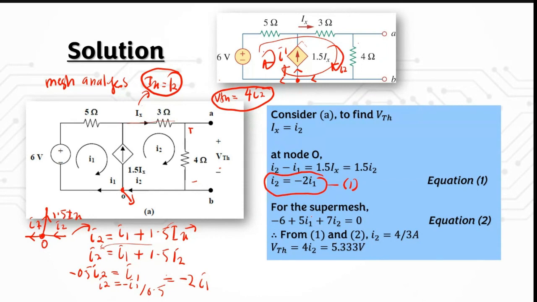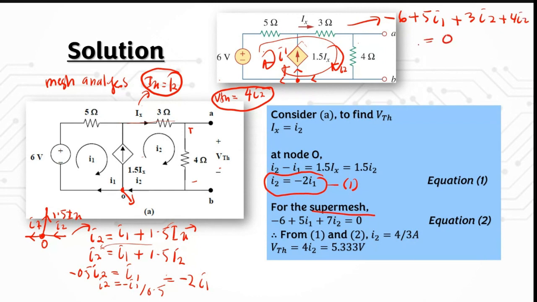Okay, and then we also need to find the equation for the super mesh. Okay, so for the super mesh, let's say we have this from here. What we have is negative 6 plus 5 I1 plus 3 I2 plus 4 I2 equal to 0.